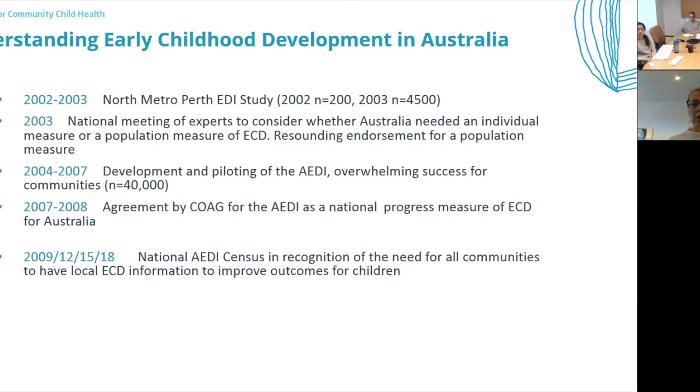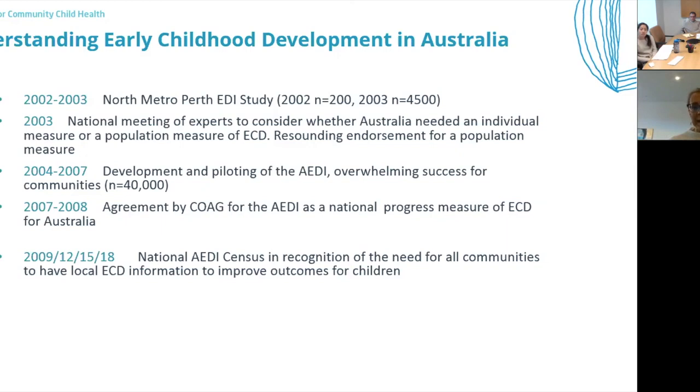And that's where the journey really started, where we had a piloting of the AEDI for 40,000 kids in 60 communities. And then it was endorsed by COAG and funded politically. There was a moment of, be careful what you wish for. In November 2007, we went from the promise of 60 communities to an entire national rollout by May of 2009, which was an incredible scale up for us.